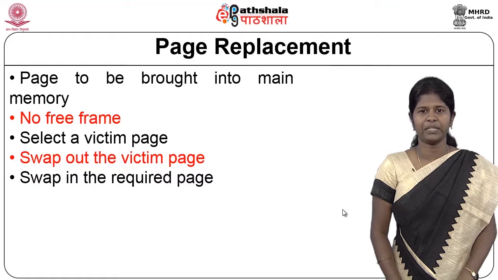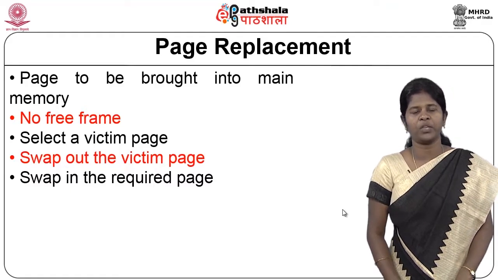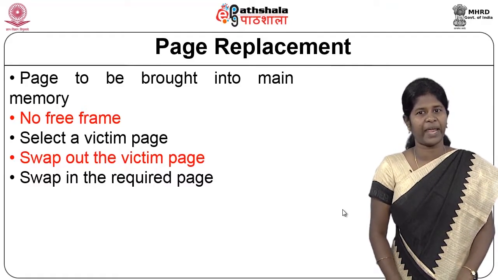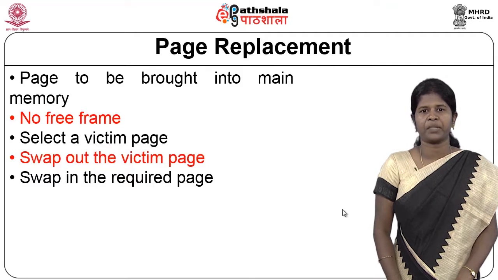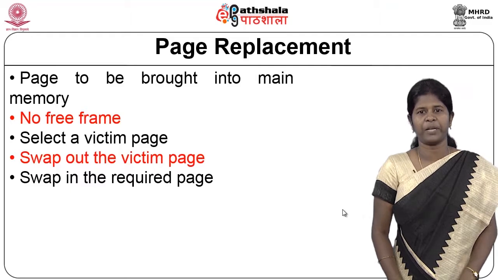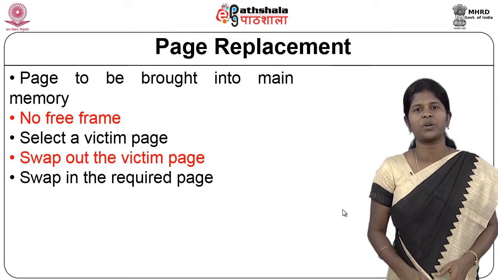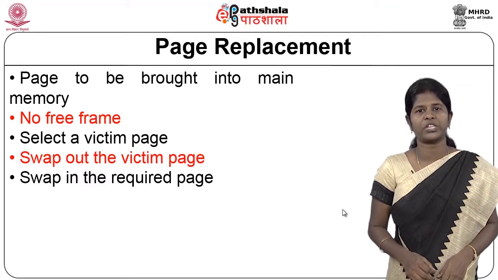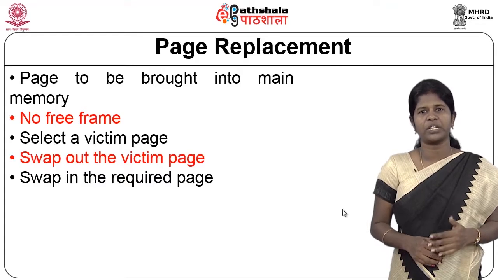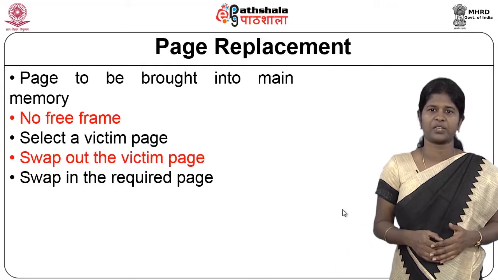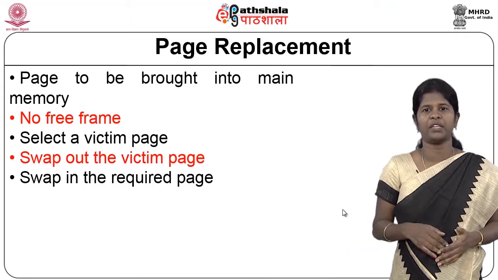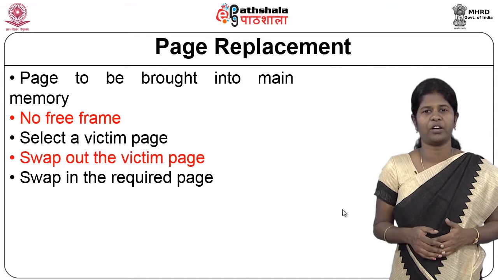When you are bringing the page into the main memory, you need to find a free frame in the main memory, and in that free frame, you bring in the required page. But if there is no free frame in the main memory, then you need to choose one frame which is currently kept in the main memory, move that page outside to the secondary storage device, and then bring the required page into its place.